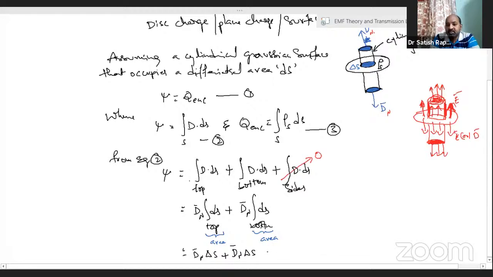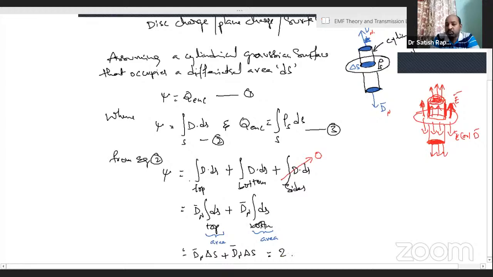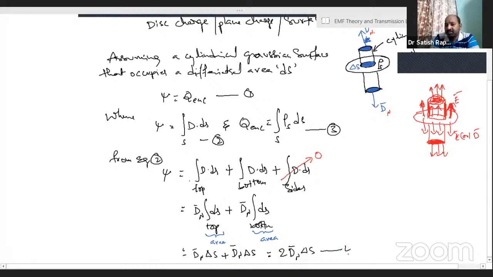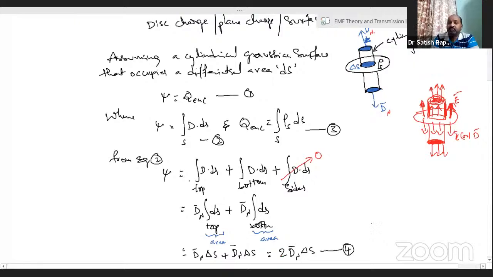So this is equal to 2 dn bar delta s, and let us say this is equation 4.